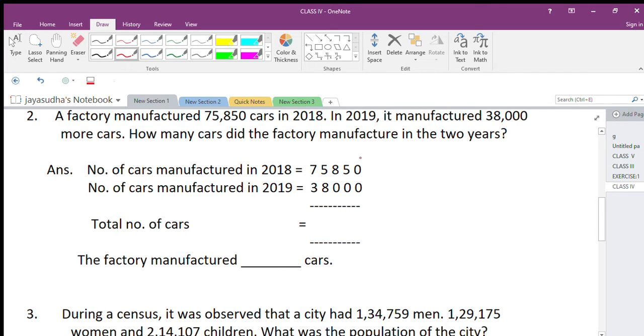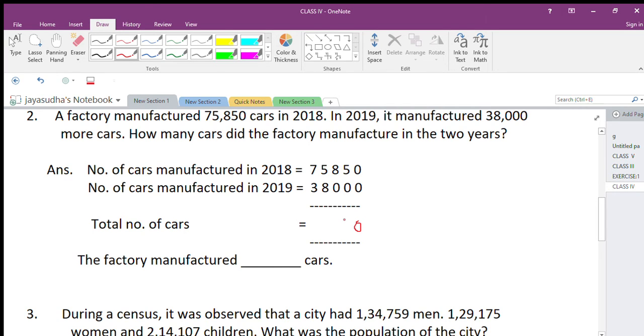Okay. Here listen. 0 plus 0 what? You get 0. Then 0 plus this 5. 5.